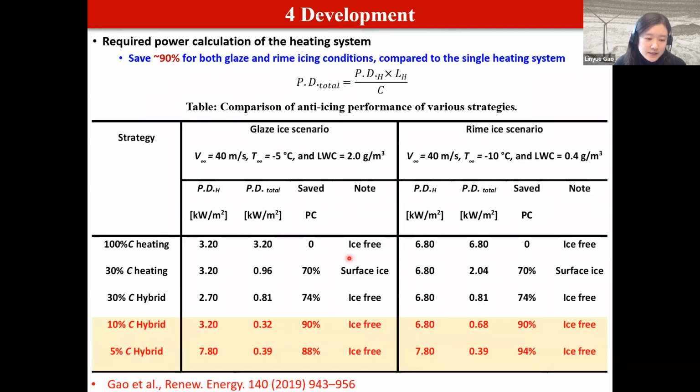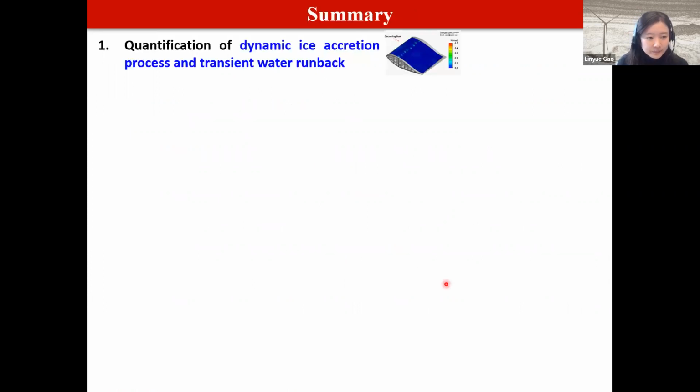Based on a series of experiments, we found that we can use a heating film covering 10% of the leading edge region, so that we can save about 90% of the energy with this novel method, which is very promising for wind turbine icing mitigation.